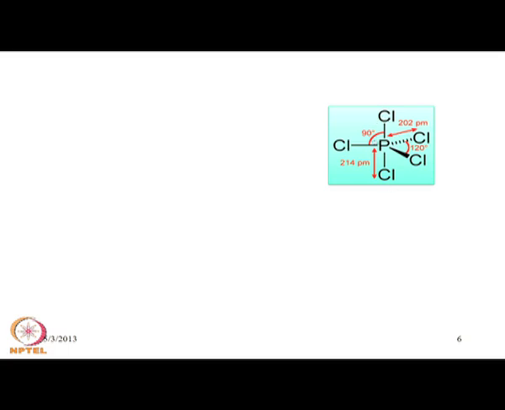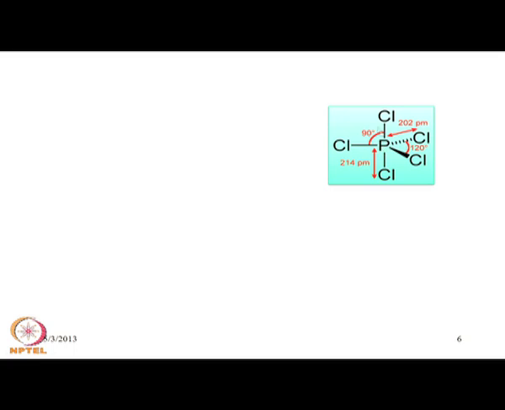These 3 are in the base of this particular trigonal plane, and these 2 are in the bipyramidal side. So, it is one pyramidal side and the lower is the other pyramidal side. These 2 are quite longer at 2.14 angstrom, and this is 2.02 angstrom.